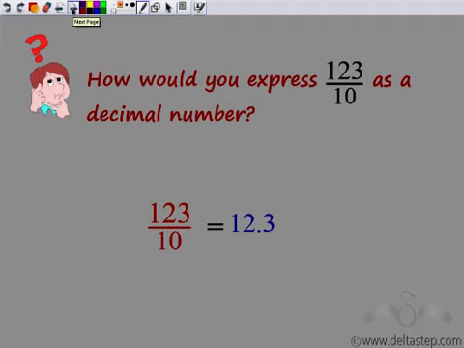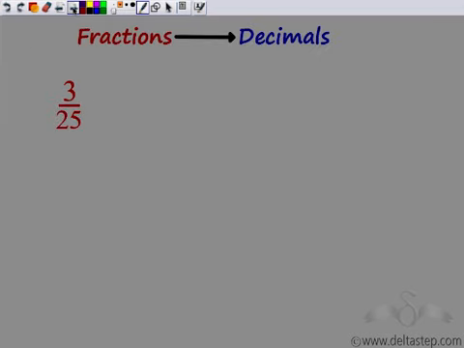So far we've seen how to convert fractions into decimals. But all these fractions had the denominator as 10 or a power of 10. Now let's look at this fraction, which is 3 by 25. Now how do I convert this fraction into a decimal number? I know how to convert a fraction to a decimal only when the denominator is either 10 or some power of 10. So I'll try to make the denominator 10 or a power of 10.